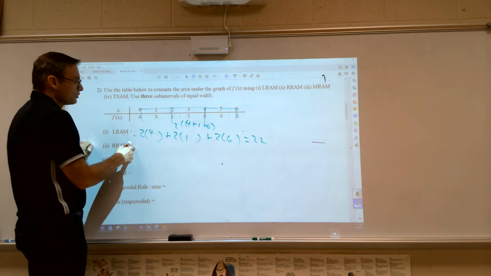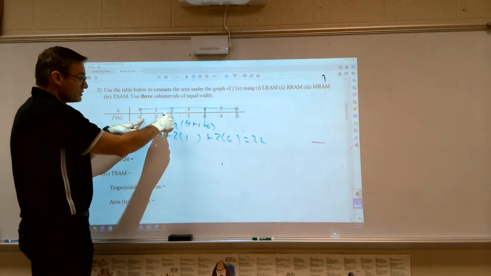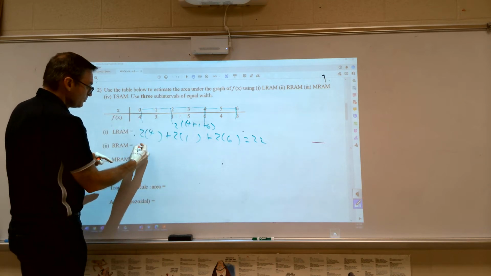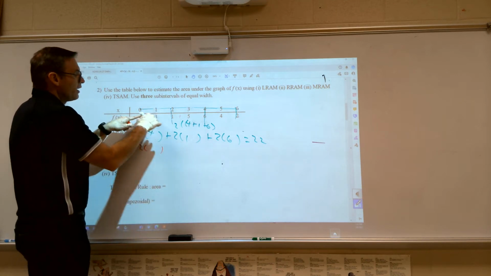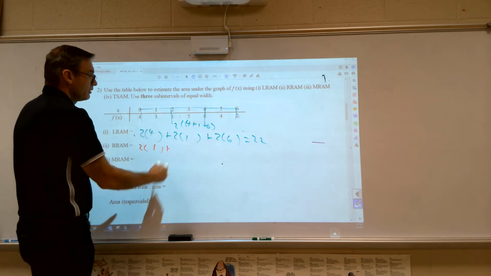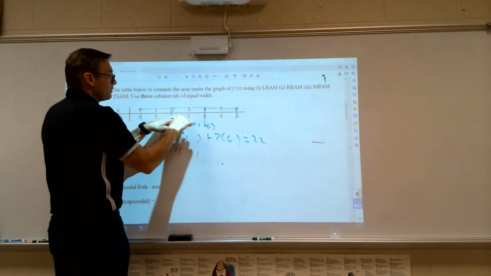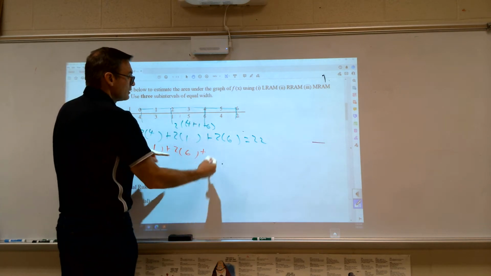If I want to do it using the right, the width of the rectangle is 2, but now I get my height from the right side, so that gives me a 1. The width of this rectangle is 2, and I get my height from the right side, which is 6.